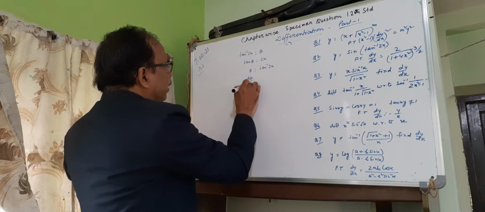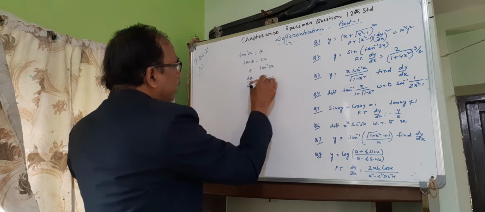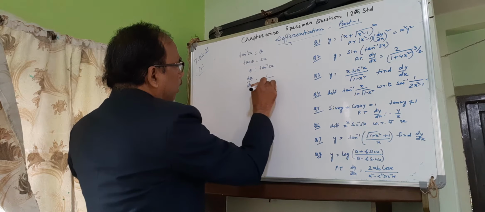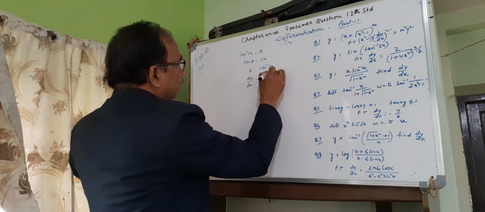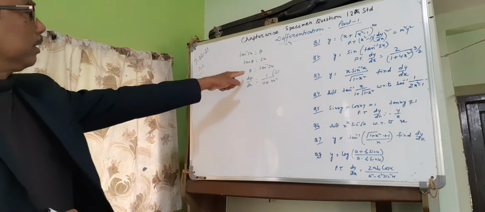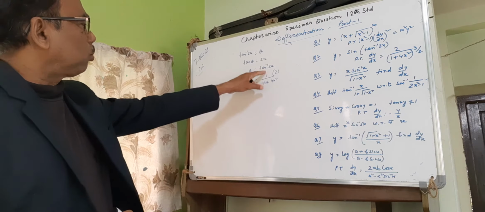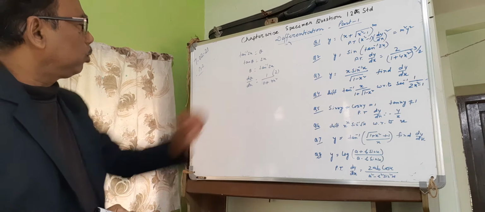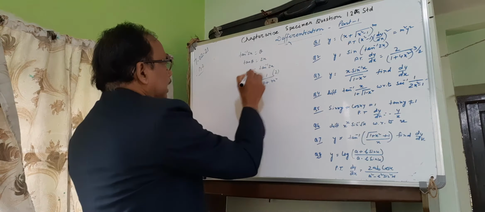Then d theta by dx equals to 1 by 1 plus 4x square into 2, since the derivative of tan inverse is 1 by 1 plus x square and for 2x by the chain rule we multiply by 2.